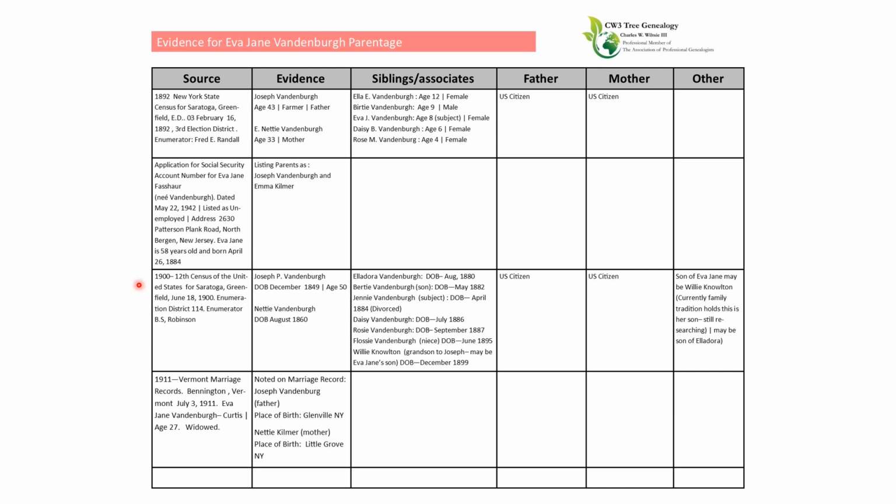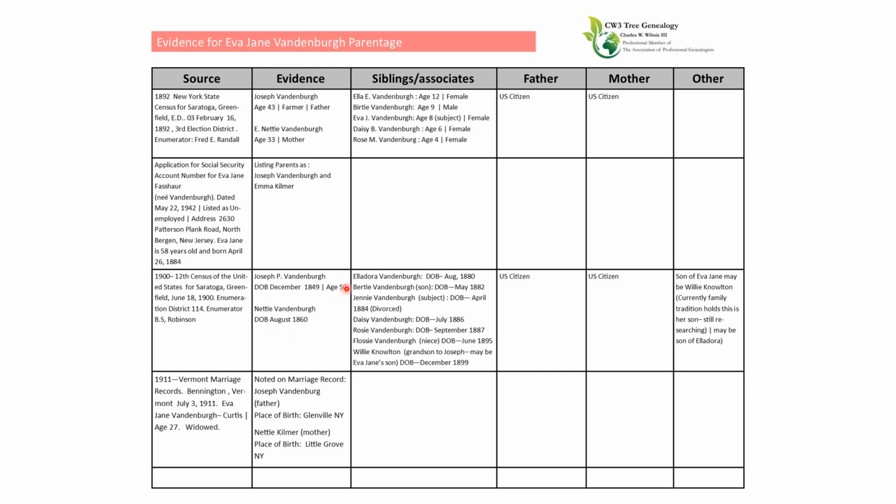Third thing, 1900, 12th Census of the United States for Saratoga Greenfield, June 18, 1900. And then it gives the enumeration and who did it. Next we see as evidence Joseph Vandenberg, date of birth 1849, and his age, and then Nettie Vandenberg again.